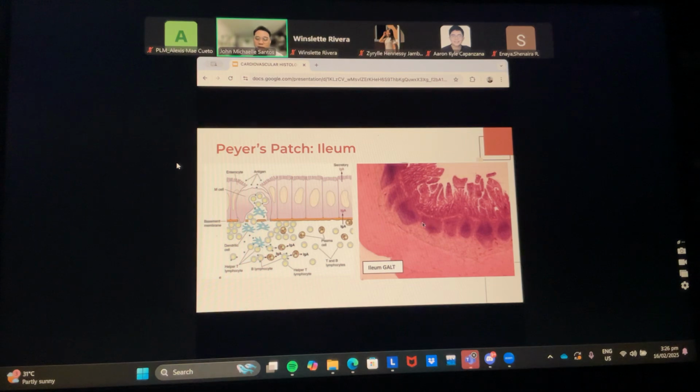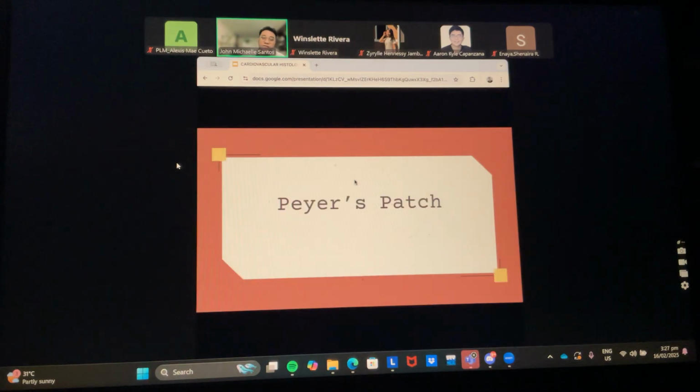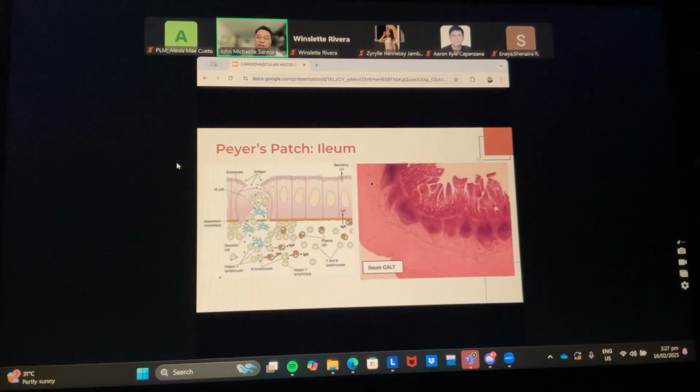Kaya kapag nakakain ka ng something that can upset your stomach, ayan, ito yung first defense mo against gastroenteritis kasi nagpo-produce ka na ng mga antibodies and other immune cells para labanan yung organisms.